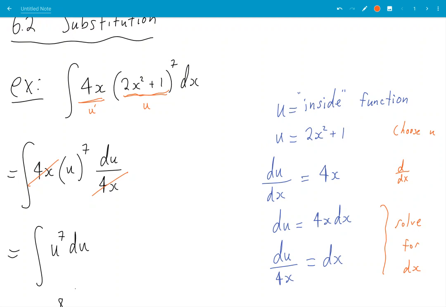I think you'll notice that if this weren't a 4, that wouldn't be a big deal. It was especially nice that this 4 canceled this 4. But really, what I want is I want the x's to cancel. So if you see u here, you see outside u prime or some multiple of u prime, then you know that you are on the right track.